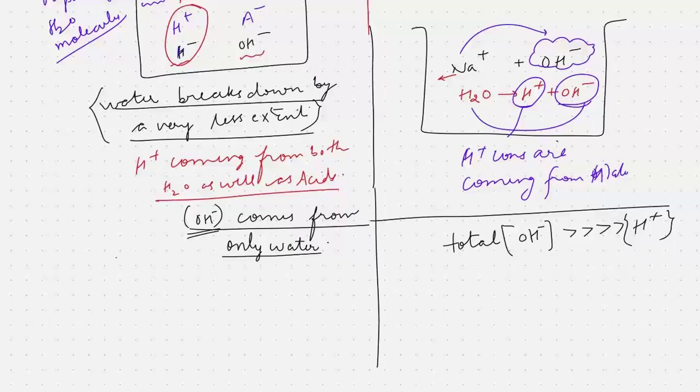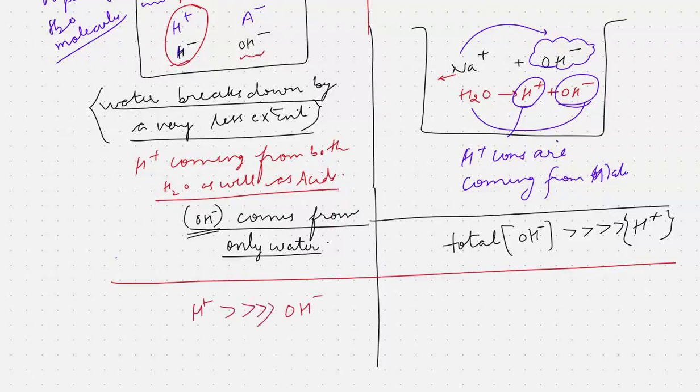So the idea here is that when we are talking about the total OH negative ion, can I say that in the acidic solution, both H plus and OH negative ions are present, but H plus is way more than OH negative ions? Whereas in the basic solution, both OH negative and H plus ions are present, but OH negative is way more than H plus ions.